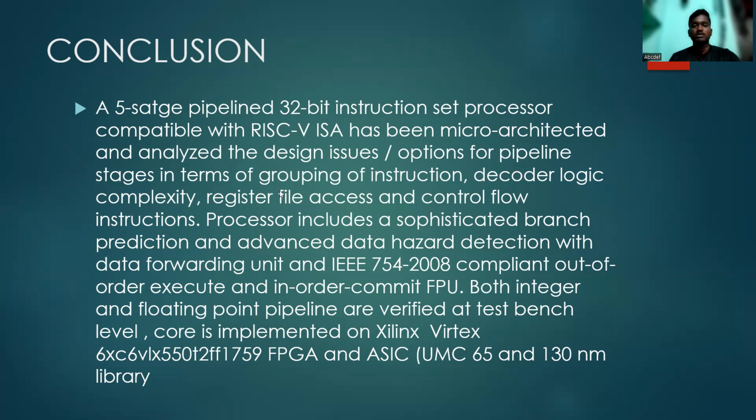In terms of grouping of instructions, decoder logic complexity, register file access, and control flow instructions, the processor includes a sophisticated branch prediction and advanced data hazard detection with data forwarding, and an IEEE 754 2008 compliant out of order execute, in order commit FPU.